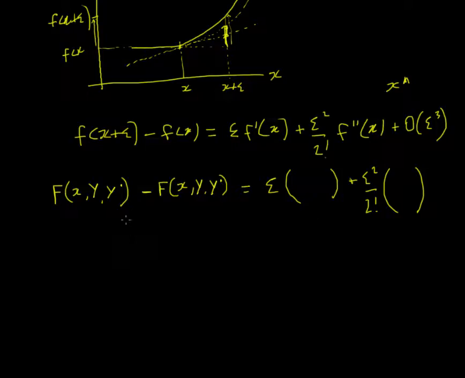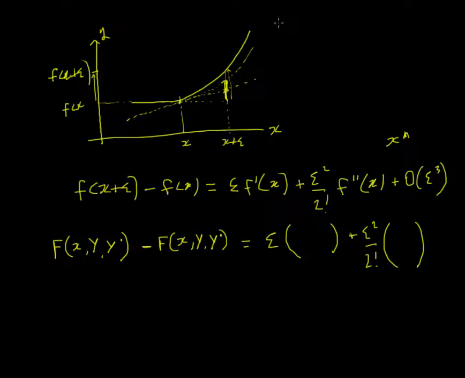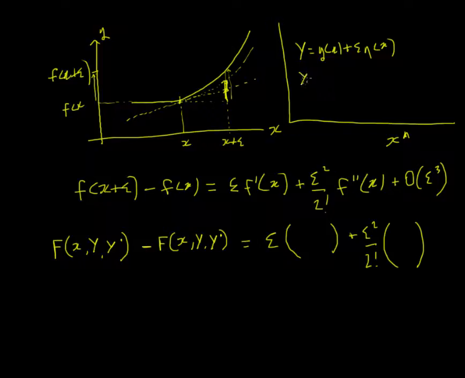Now if you remember from what we've done in previous videos, we found our value capital Y equals small y of x plus epsilon eta of x, and our value Y derivative equals y derivative of x plus epsilon eta derivative of x.